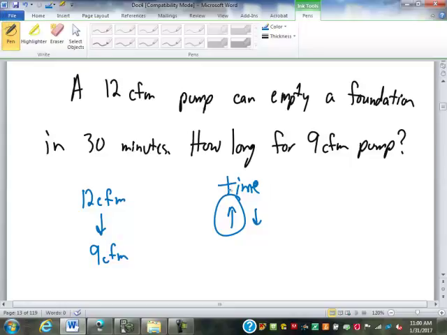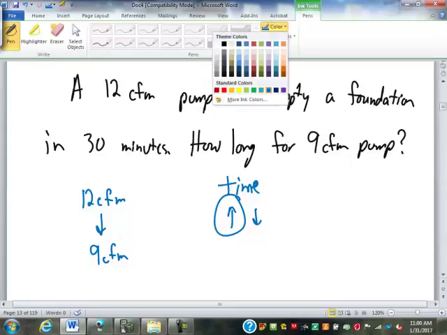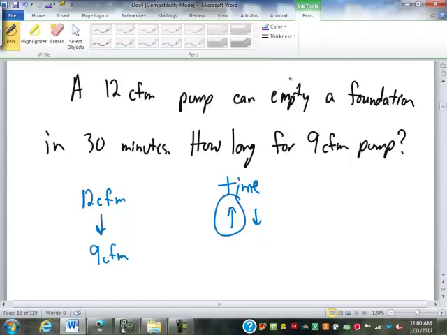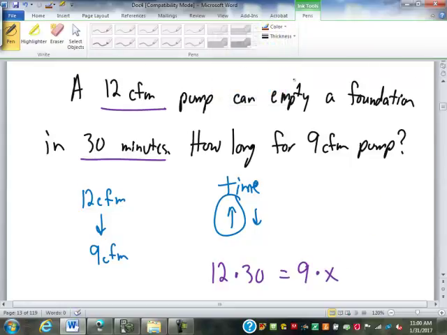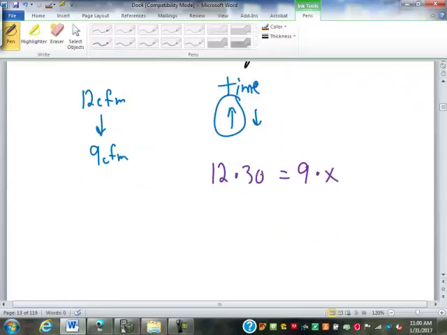So this is an inverse relationship. So we're going to have the first pump, 12 CFM at 30 minutes. 12 times 30 has to equal the second pump. What's its CFM? 9. And we are looking for its minutes. So 12 times 30 is 360 equals 9x.